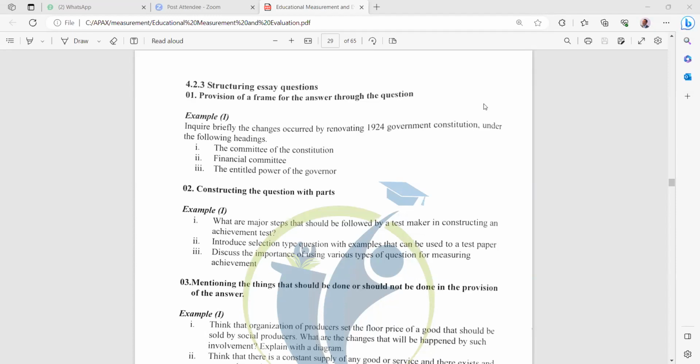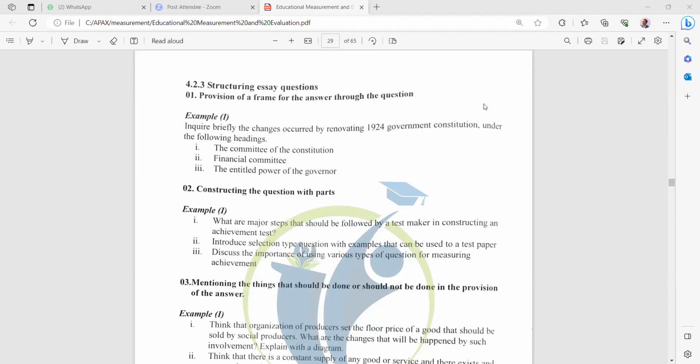We give a framework for the students to write the answer. So with that, we give certain limitations for them, so then they don't go beyond those limitations. As a result, the subjectivity is reduced. Example 1, inquire briefly the changes occurred by renovating the 1924 government constitution under the following headlines.